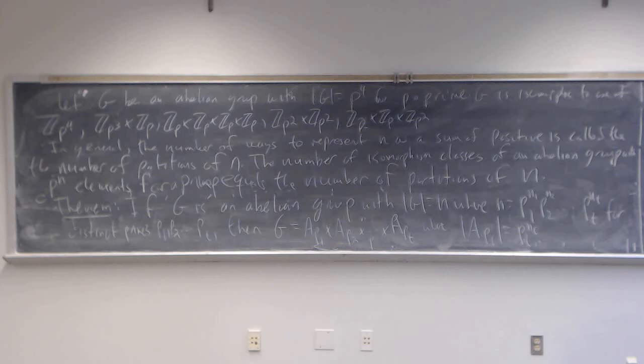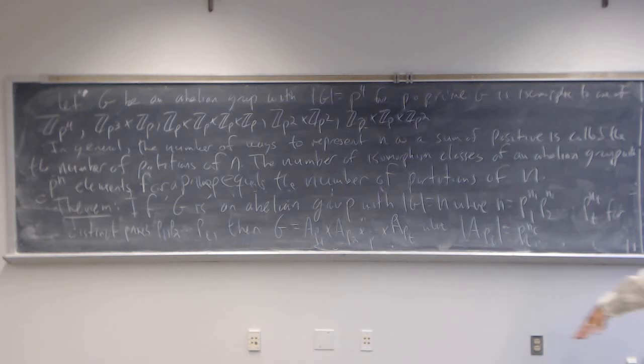But basically what that's saying is, we see how we can decompose groups that have, say, 5 to the third elements, where 5 is a prime. But now suppose we had a group that had 5 to the third times 7 elements.